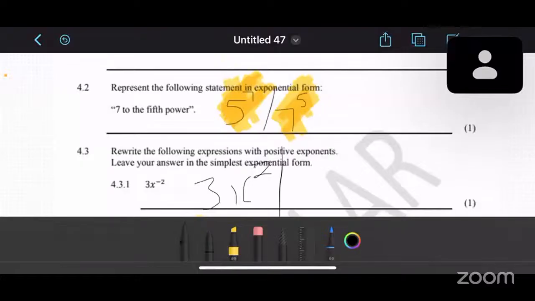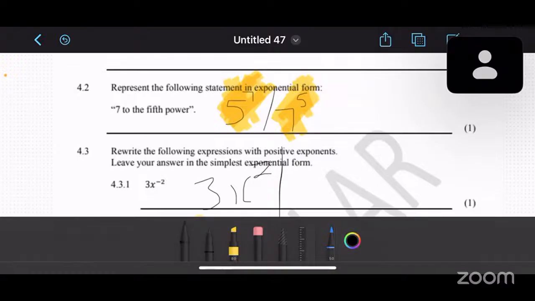Busisiwe, where? Ma'am, do you want the final answer, ma'am? You can give me how you got to your answer as well. No, I'm also not sure. But, ma'am, the answer I got is 3x to the power of positive 2.